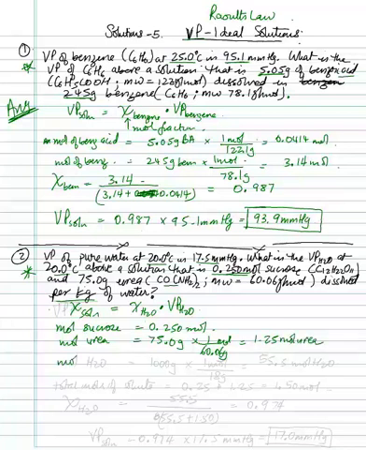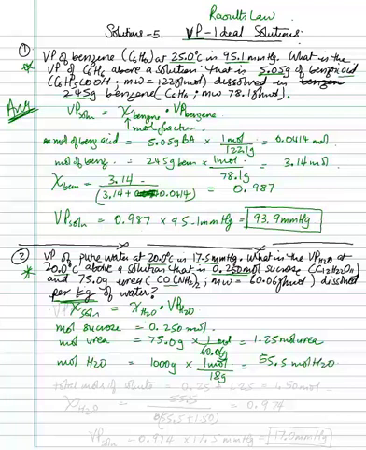Then we have to find the moles of water, which is 1 kilogram of water, that's given over here. So 1000 grams of water, and 1 mole of water has 18 grams. This is 55.5 moles of water.